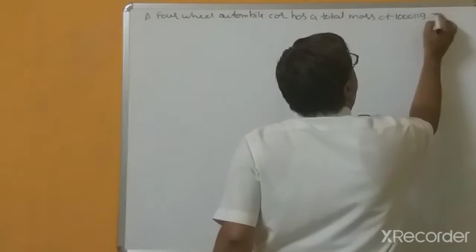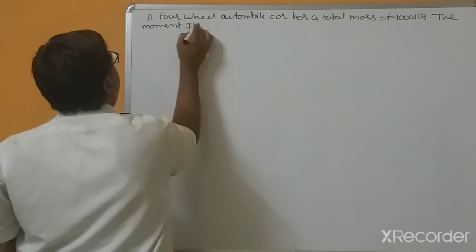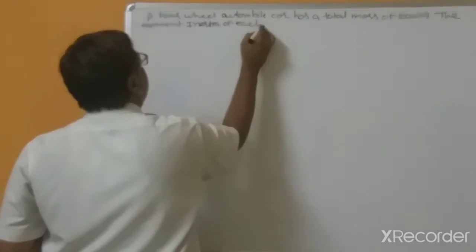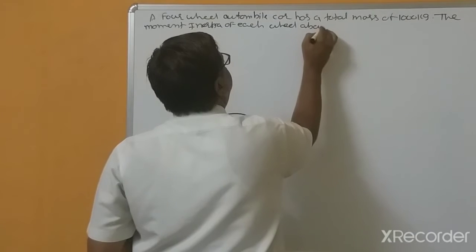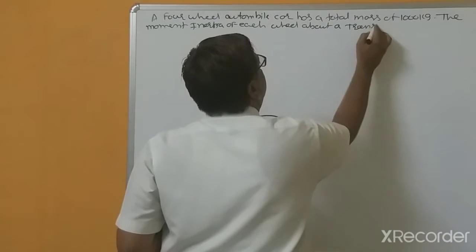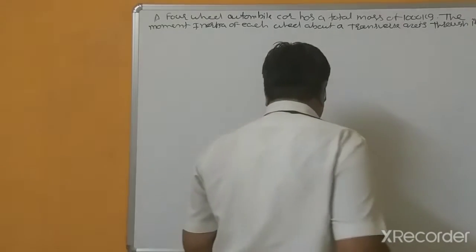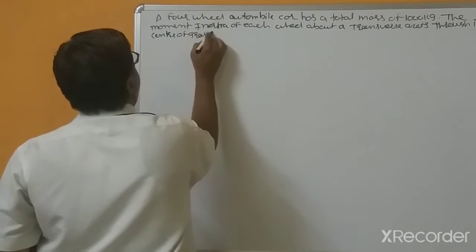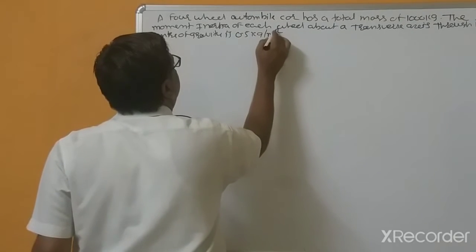The moment of inertia of each wheel about a transverse axis through its center of gravity is 0.5 kg meter square.